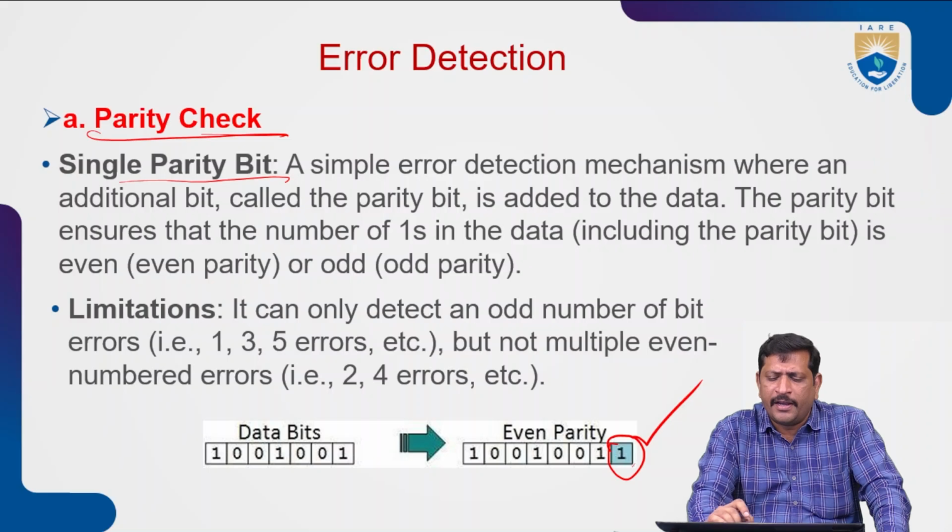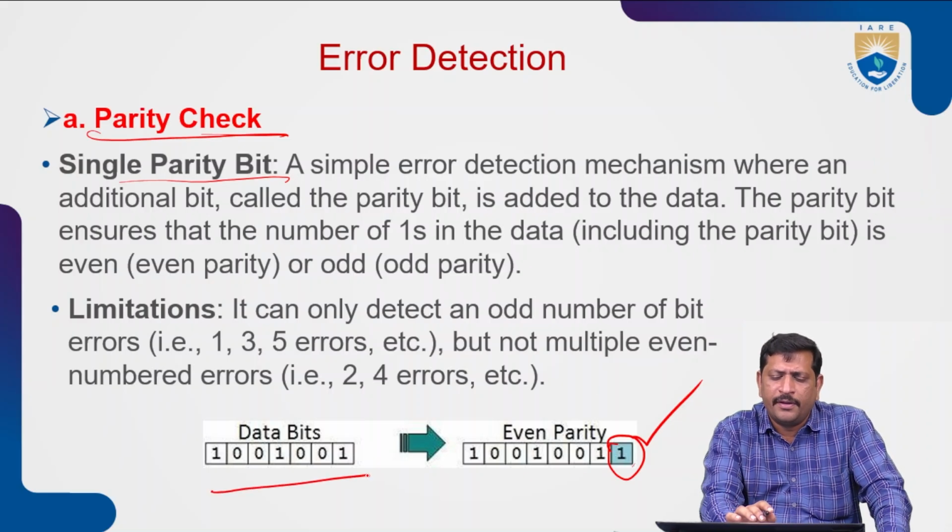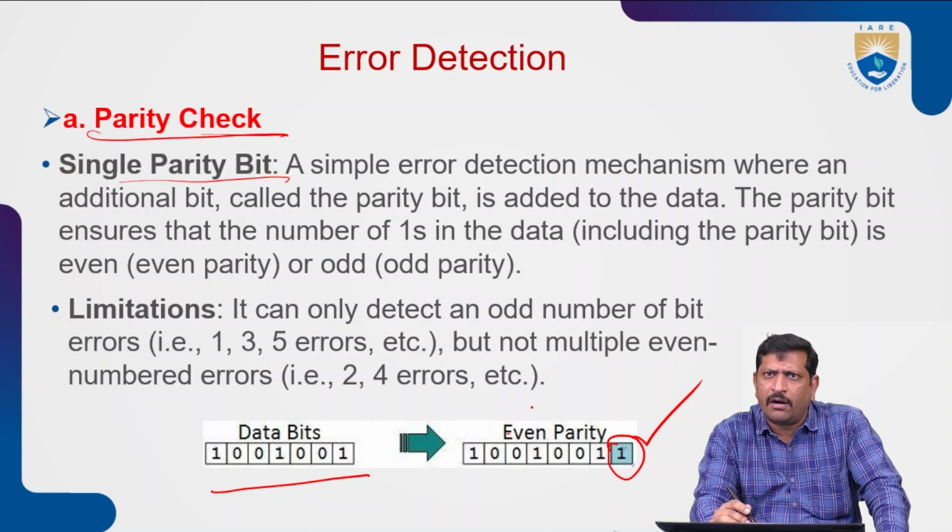If the number of ones in the transmitted data is odd, then by adding the bit 1 the number of ones becomes even. If the number of ones is even, we call it even parity.